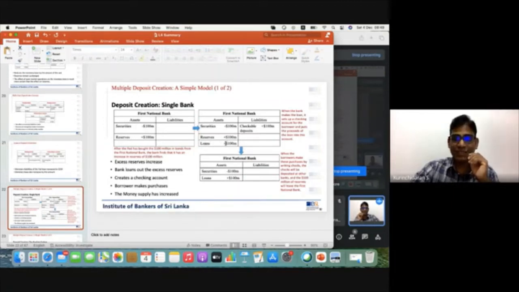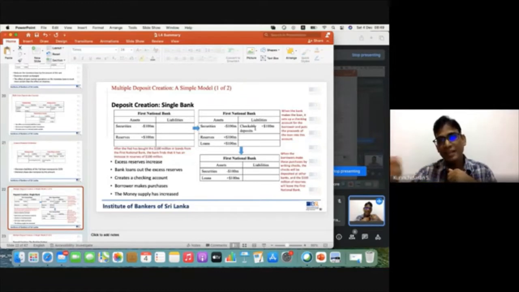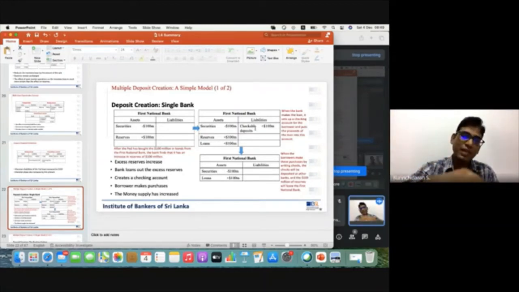Listen to this: when they give the loan, the customer gets the loan, and then that money comes again as a deposit. Now let's assume we are talking about a single bank. Now I get a loan and then maybe pay you, then you are going to deposit it again in the bank, right? We have the single bank concept. So again, that money comes back to the banking system. So checkable deposit, current account. So here, automatically, the First National Bank creates a loan of 100 million as well as creates deposits of 100 million.